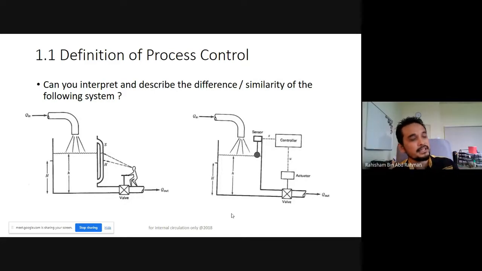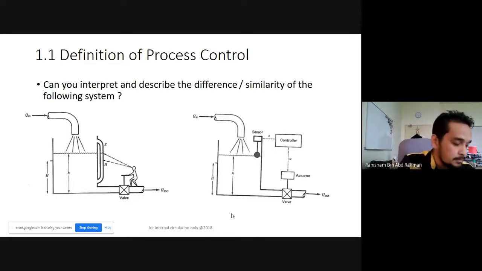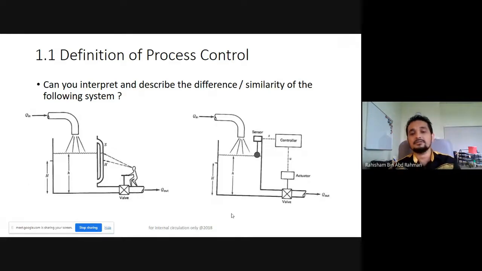Or if you want to rephrase it, one is to measure the liquid flow, and some of your friends might say to maintain the water level at a certain height, because there is a lack of info here. It is just an illustration, so you can interpret anything that you want. Both answers from your friends just now are valid and accurate.